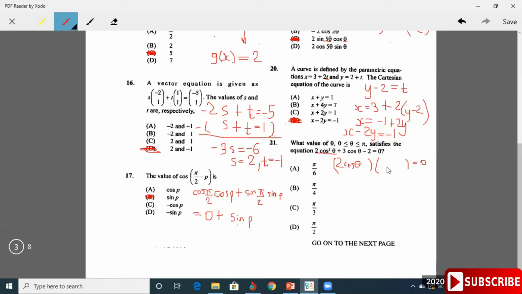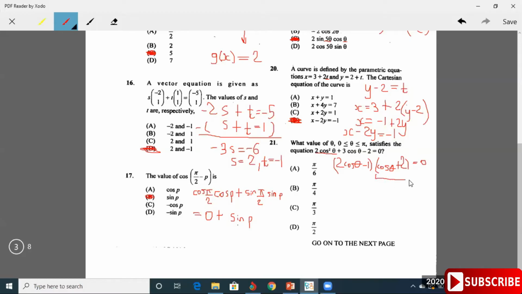That's the only way we can get 2 cos squared theta. Now, to get 2, it needs to be 2 and 1. For the middle term, we're going to put a plus right here and a minus right here. And so what we're solving is 2 cos theta minus 1 times cos theta plus 2 equals 0.